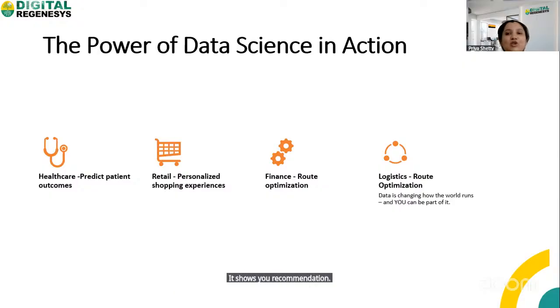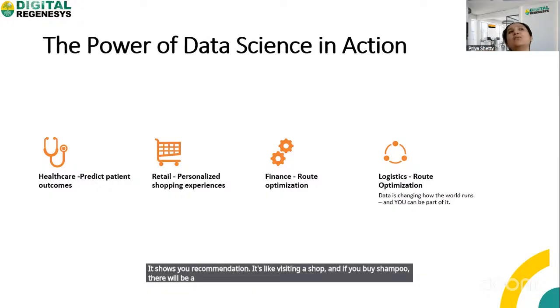It's like visiting a shop, and if you buy shampoo, there will be a salesperson who will make you buy some other product as well. Ma'am, if you're buying this shampoo, even this conditioner is good for you, it will be lovely, and this is the price offer. And what happens? We end up buying those products.